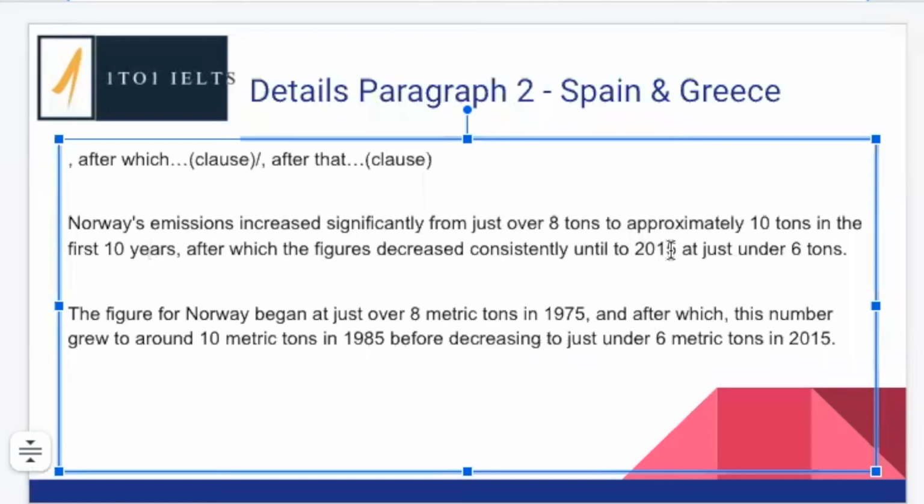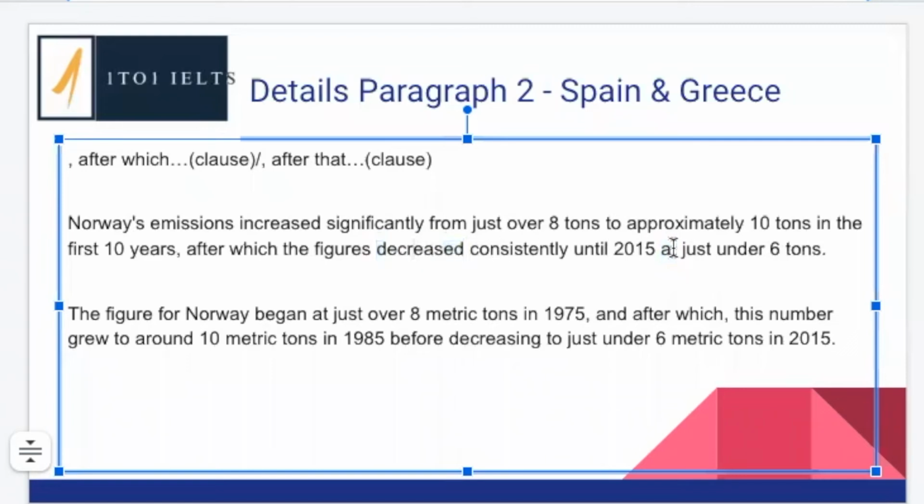consistently until. We don't use until and to together, because until and to basically have a very similar meaning. So you say until 2005. And then here, remember we have at. Which words were we using at with? At goes with start and finish. So have we got start and finish in this expression? Our main verb here is not start or finish, it's decrease.